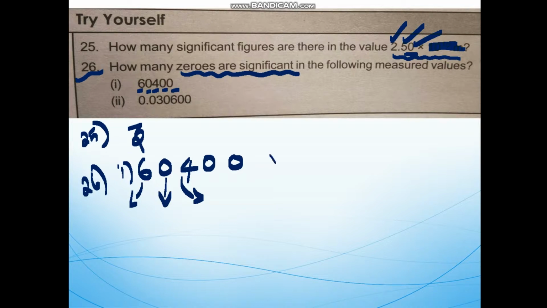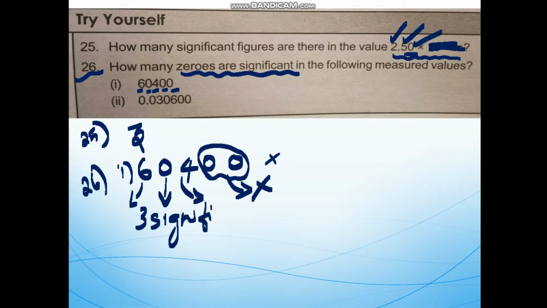It has no decimal point, so all the trailing zeros in a number without a decimal point are not significant. So it has 3 significant figures, but they are asking how many zeros are significant. Here only one 0 is significant, so it has 1 significant zero.